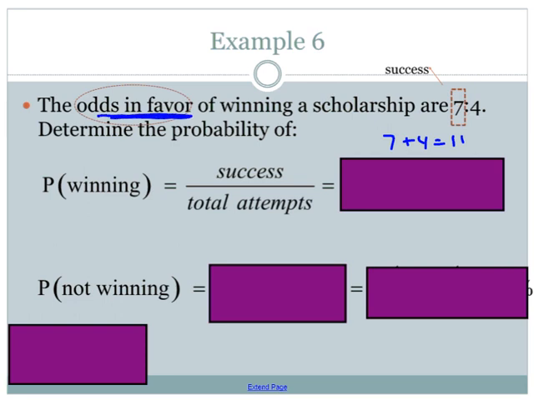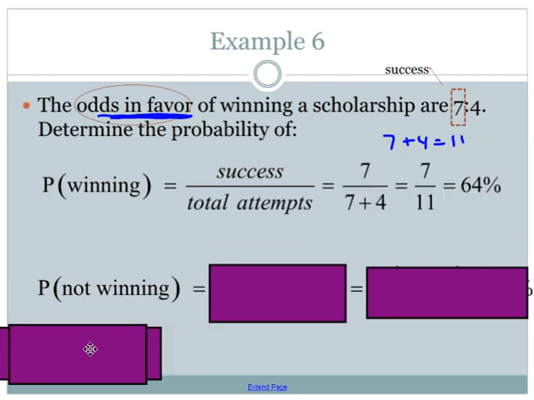That means the favorable outcomes are first. So 7 is the wins and 4 is the losses. That means there are 7 successes and 11 attempts. So our probability is 7/11ths, or about 64% chance that you win.